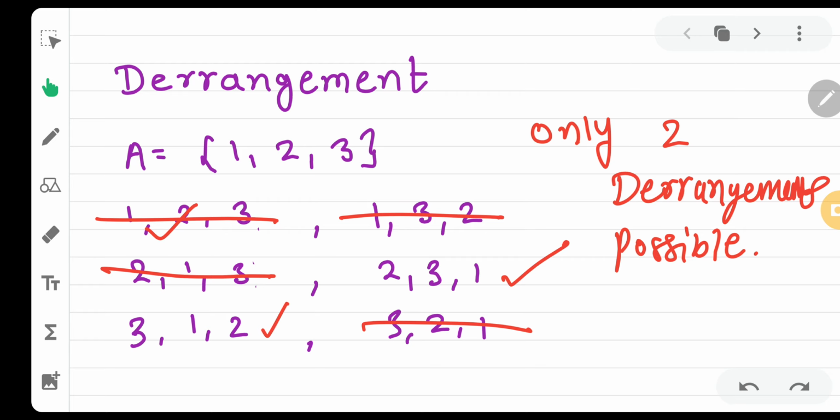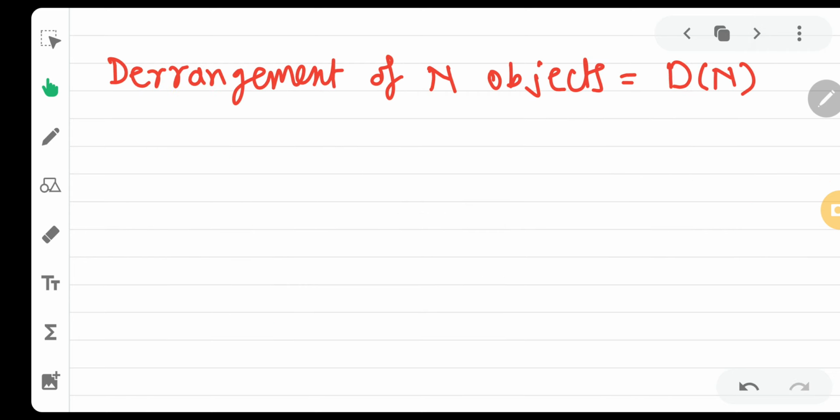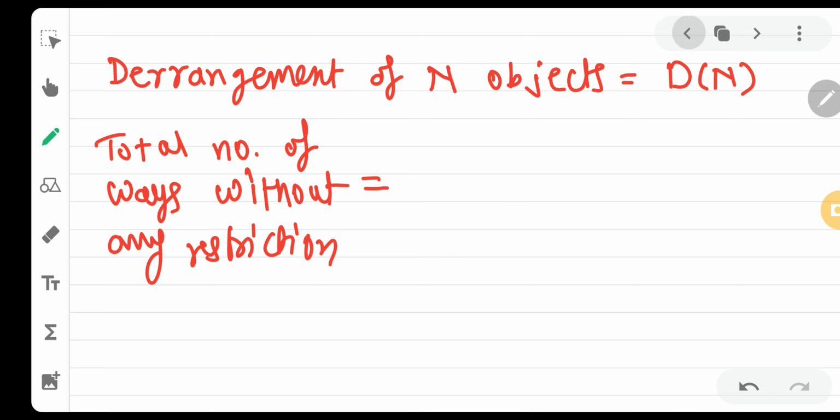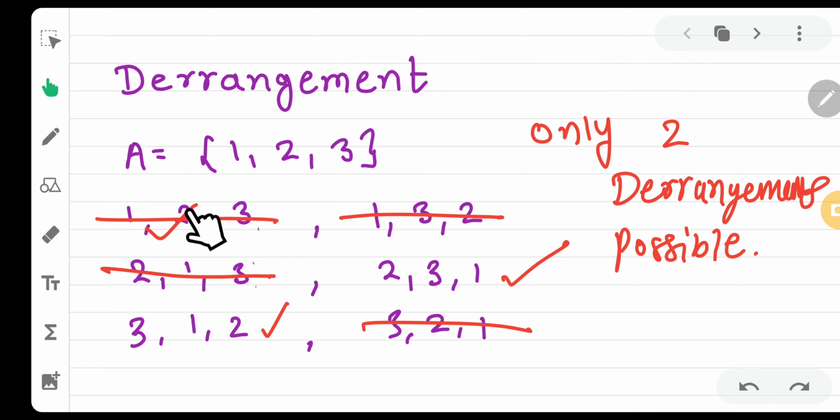It means there are total two possibilities. Total number of ways without any restriction. So what does that mean? That does mean that you are considering all the 6 possibilities, 1, 2, 3, 4, 5, 6, in which there was no restriction at all.